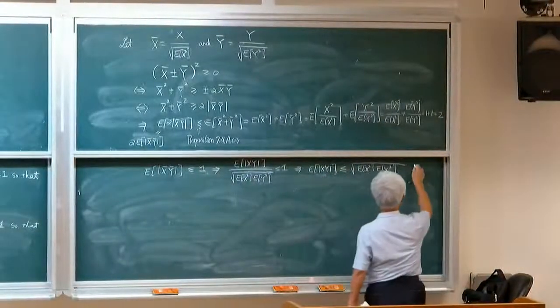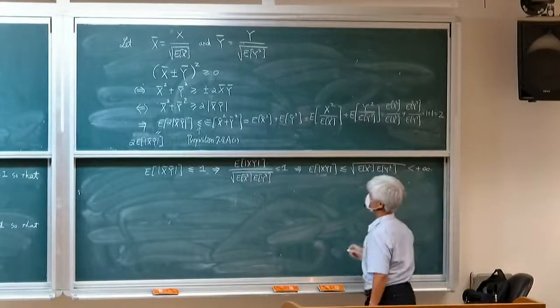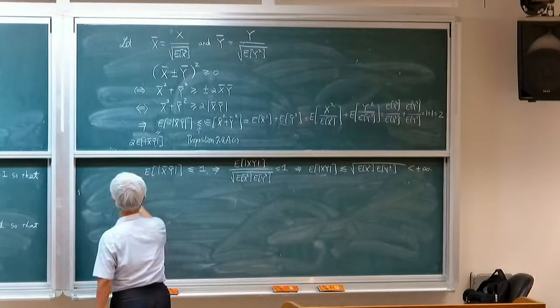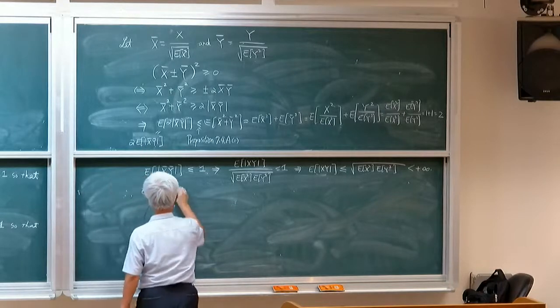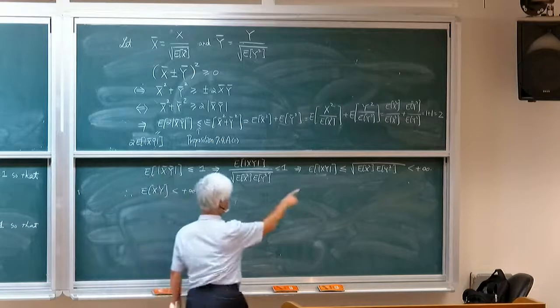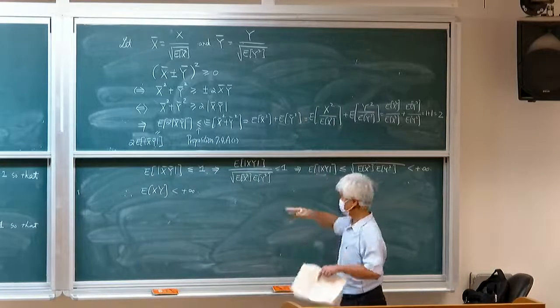And this is finite. So the expectation of xy exists and is finite because its absolute value is finite.